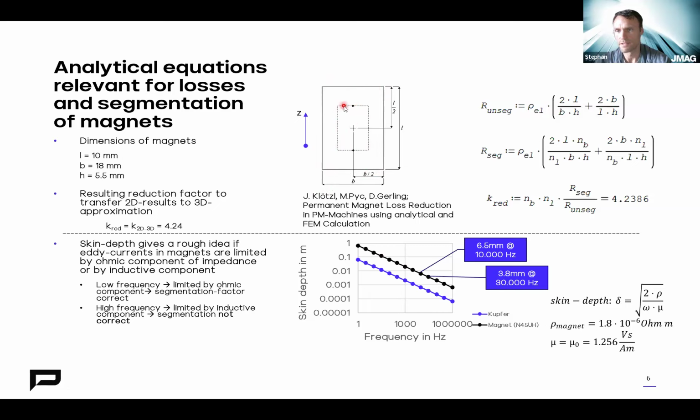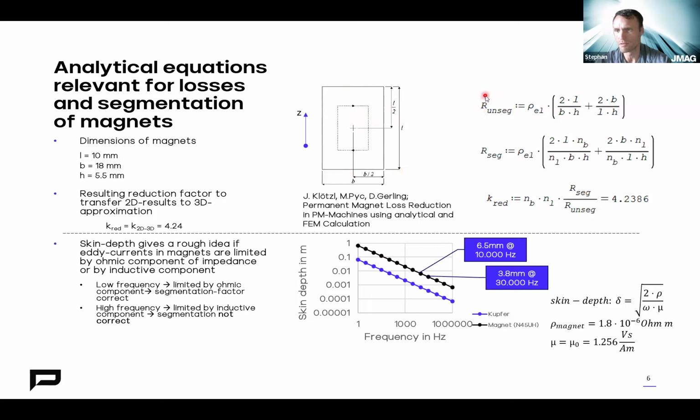And this gives a length and a path for the current, and this model also gives a cross-section for the eddy current. And this way, one can calculate, based on this model, let's say a virtual resistance of the magnet with the given dimensions.